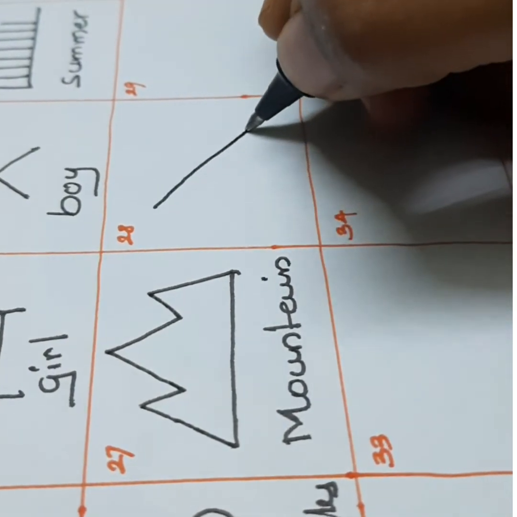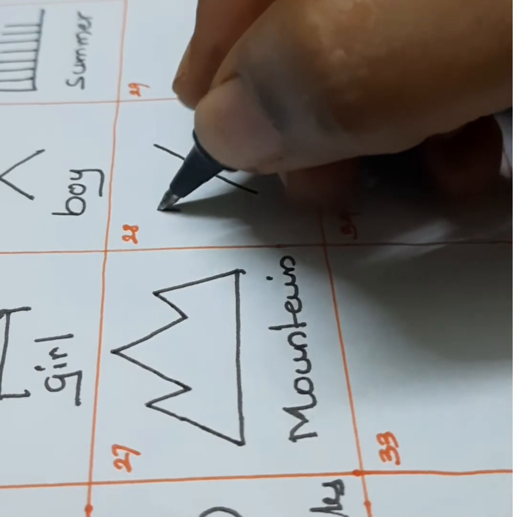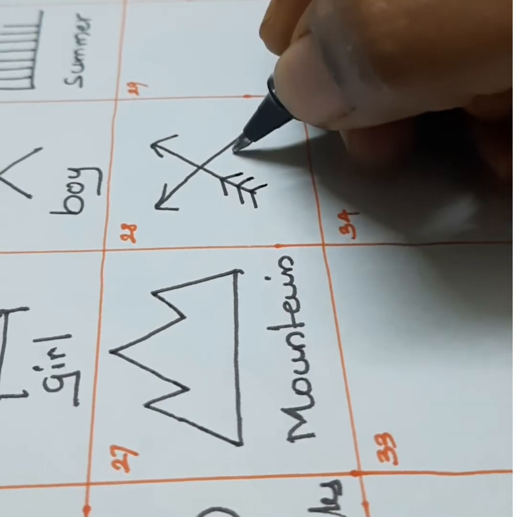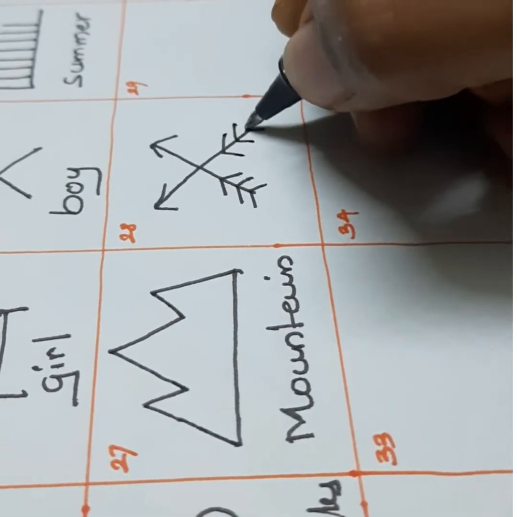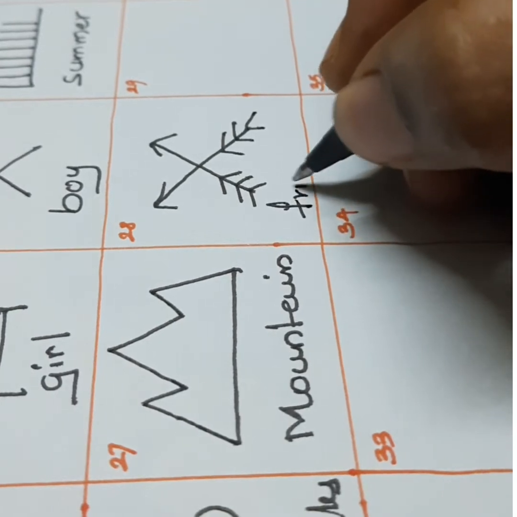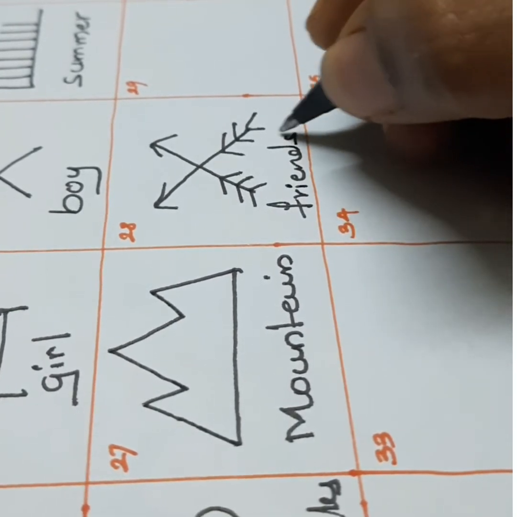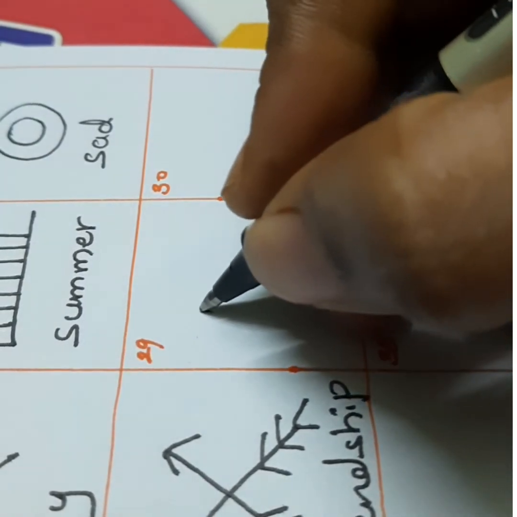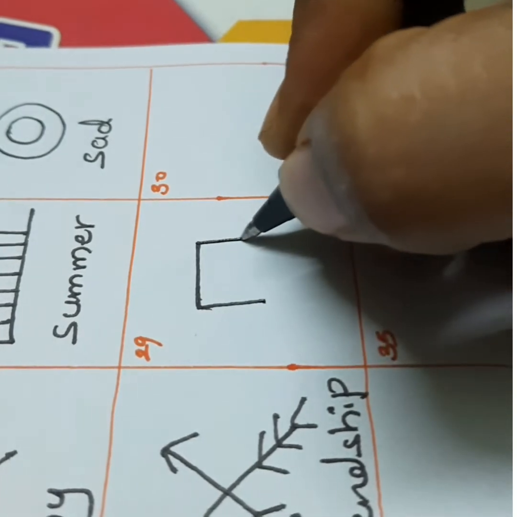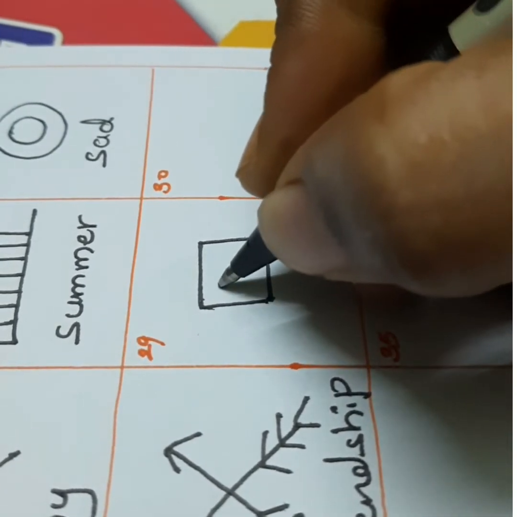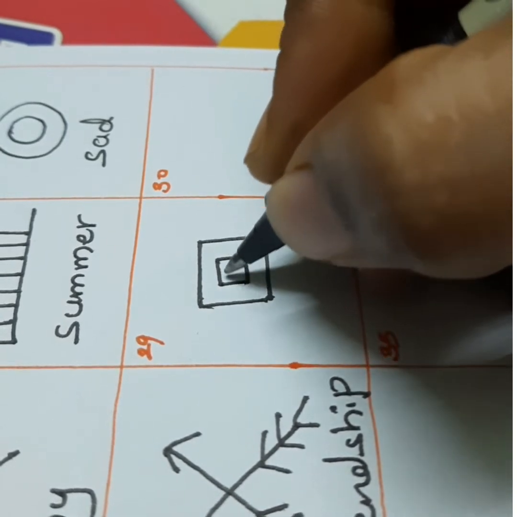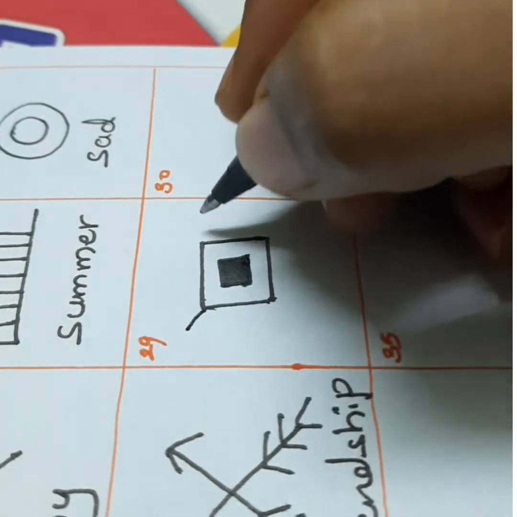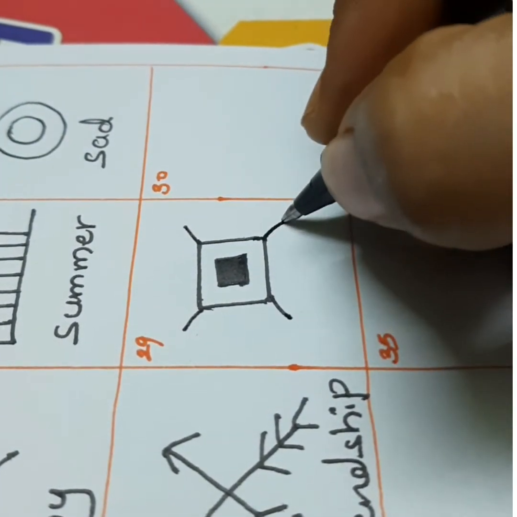Friendship symbol, draw the two slanting lines and draw the small slanting lines on those slanting lines. This is the friendship symbol. Good luck, draw the square shape and draw another square shape in the middle of that square. Fill with color and draw the lines at the corner of that square.